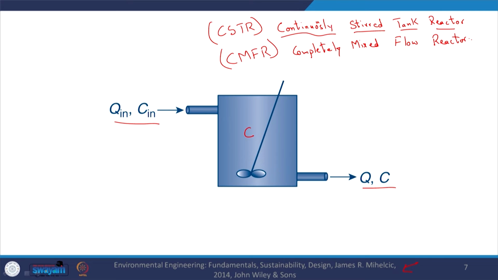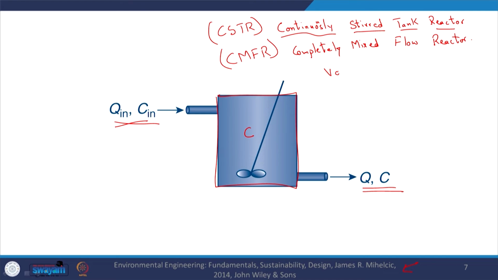So, both these terms are used to describe this system. So, the system is that we have mass coming in and mass going out, or flow coming in and flow going out, and the compound thus flowing into the system and going out of the system. What is my system? This is the control volume, and it is continuously stirred or completely mixed always. So, that is something to keep in mind. Now, let us try to apply the mass balance equation to this particular system out here.